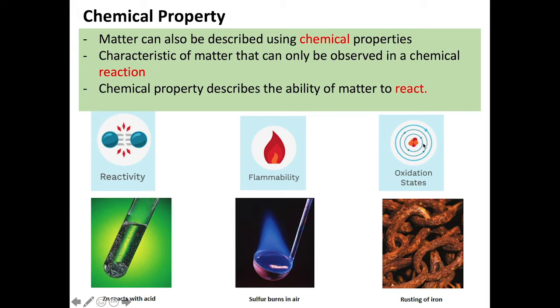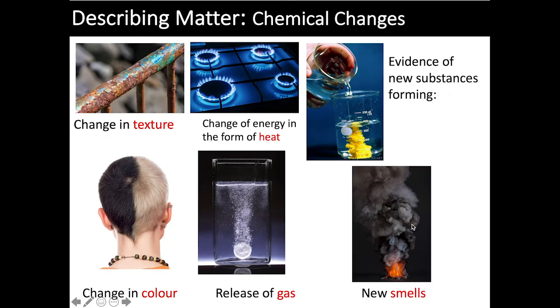And then oxidation is another really important one. When a piece of matter interacts with oxygen, what kind of chemical reactions occur? In this case, iron, when it's spent a lot of time out in the open air interacting with oxygen, will actually start to rust.